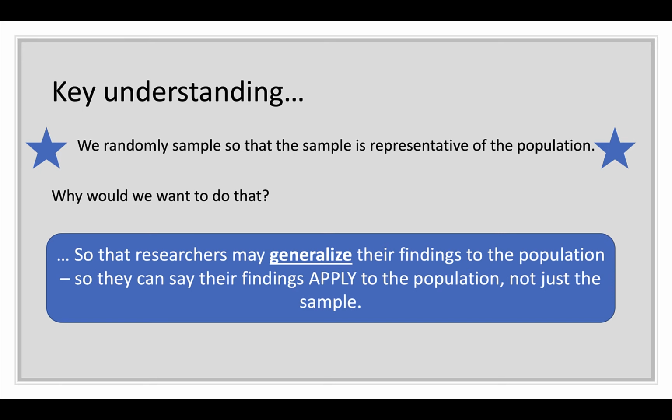It doesn't represent anybody from the other subjects. So we need to make sure that we can generalize our findings by having a representative and balanced sample of the population, so that we can say that findings apply to the population and not just the sample. We have to make sure that it's representative.